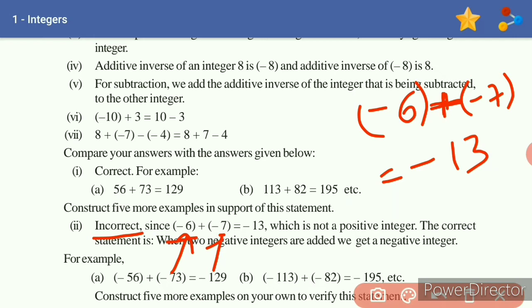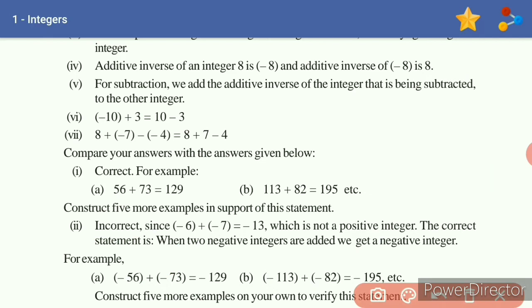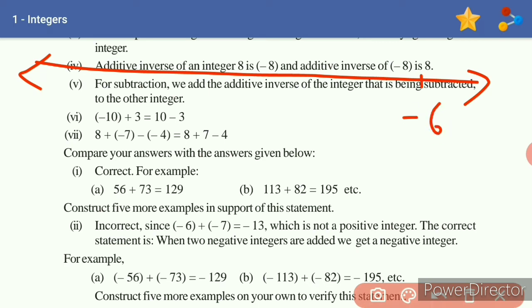You can add by using a number line. Let us see how we add. This is our number line: -6, -5, -4, -3, -2, -1, 0.